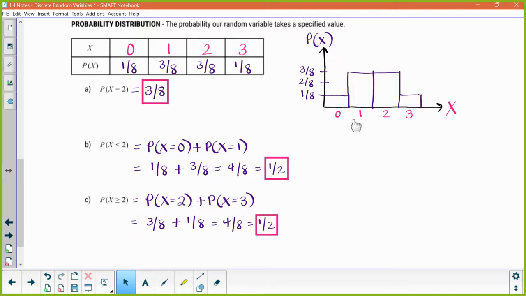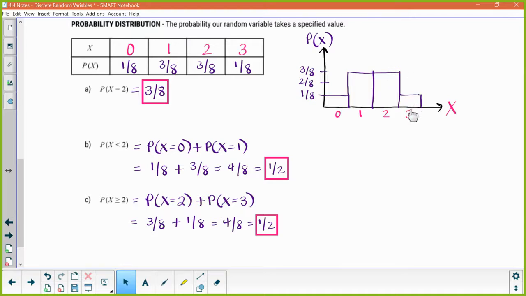I have 0, 1, 2, 3, and we consider this a histogram just because there is no in between values that we necessarily can obtain. I can't get 1.5 heads. So 1 is going to represent that only, that's the only possibility of it happening. So I have 1/8, 3/8, 3/8, 1/8.